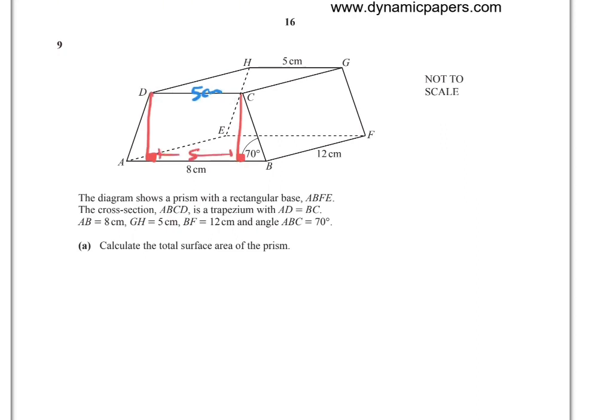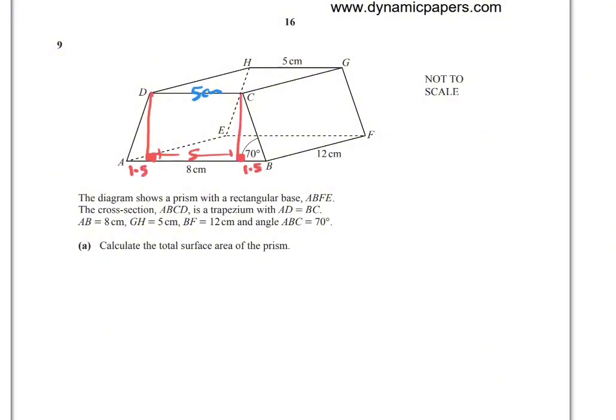Now you can deduce that this distance and that one equals 8 minus 5 divided by 2. 8 minus 5, 3. 3 divided by 2, 1.5. So this distance 1.5 and that one also 1.5. So 1.5 centimeter, 1.5 centimeter from symmetric.